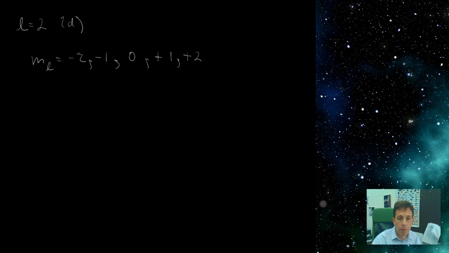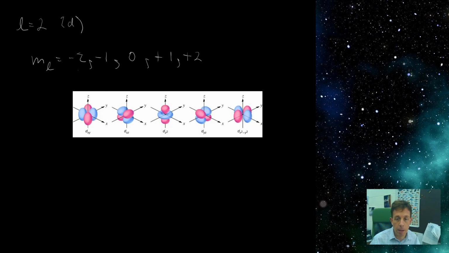So we basically have 1, 2, 3, 4, 5 possible solutions right here, and that is reflected in 5 possible d orbitals that we can have at this level. So we have 5 d orbitals.